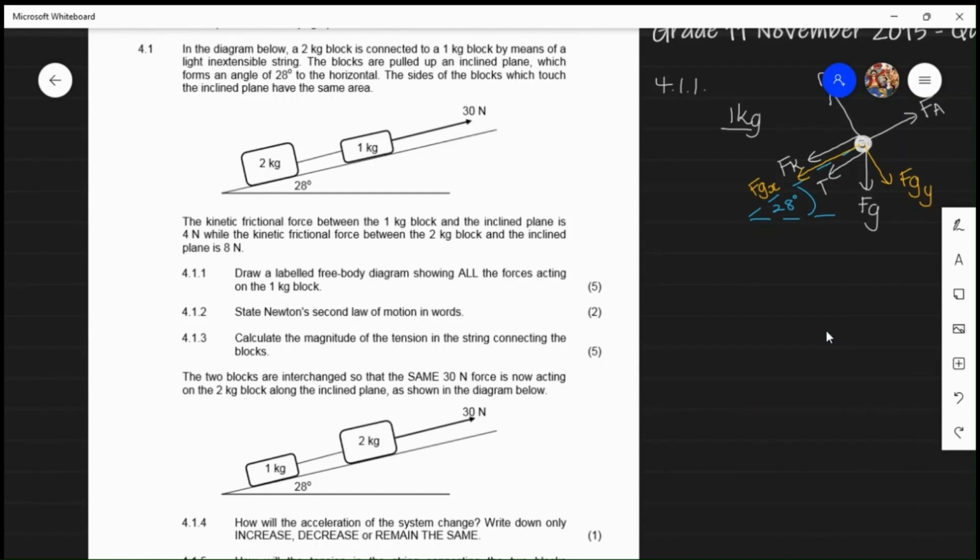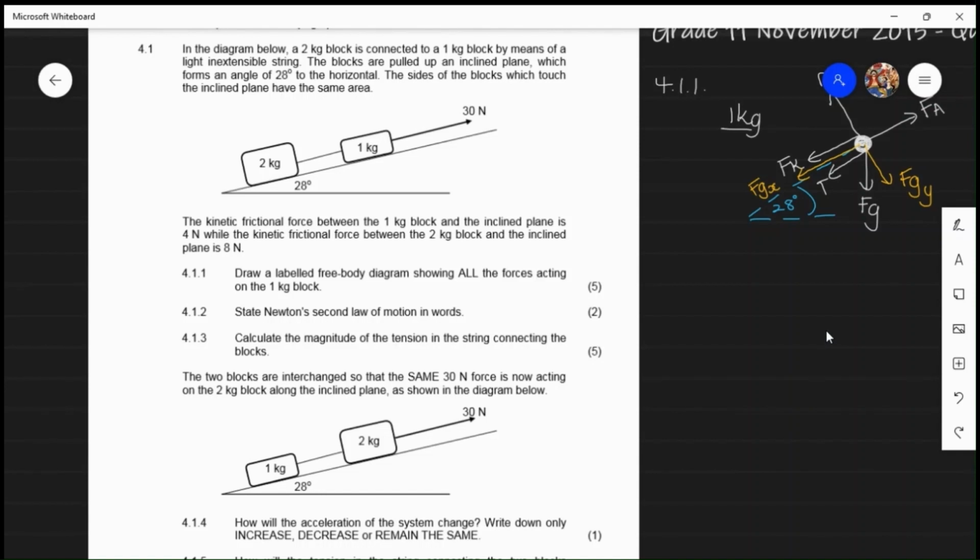What this means is that as the acceleration increases, the net force will increase, or as the acceleration decreases, the net force will decrease, and vice versa. Because acceleration is directly proportional to net force.